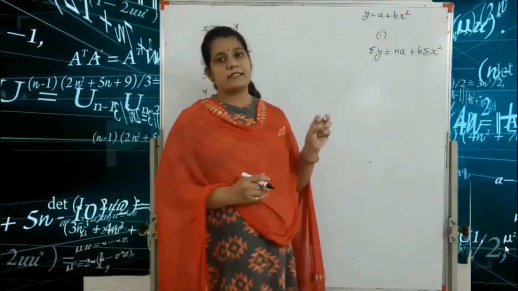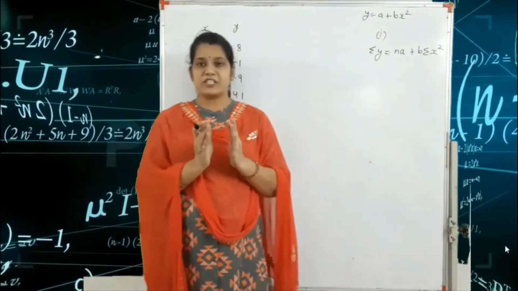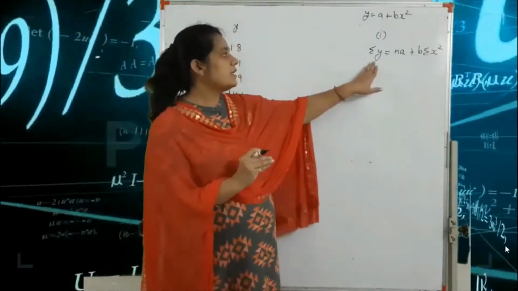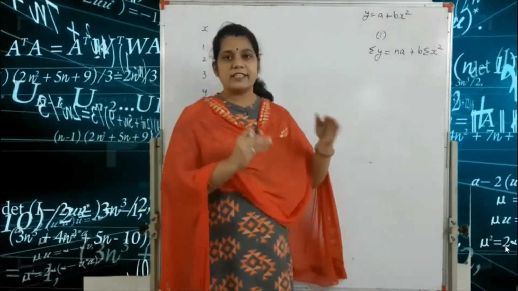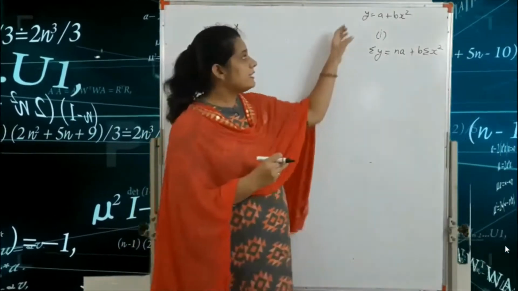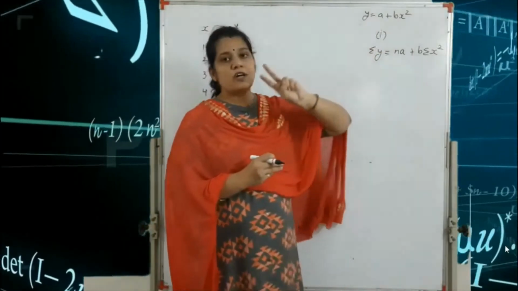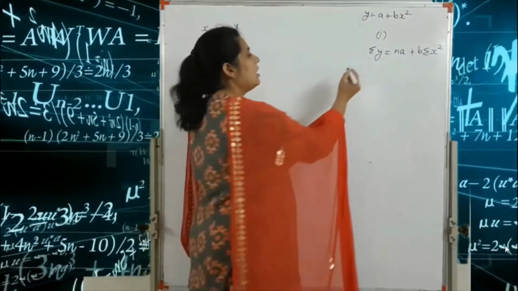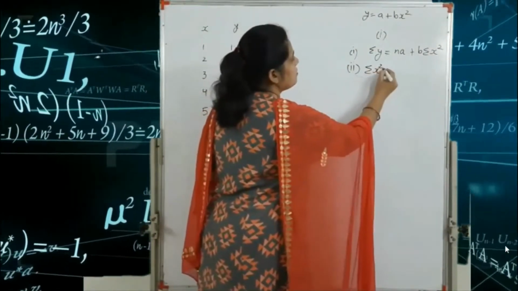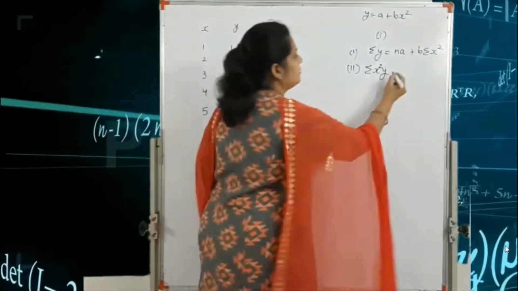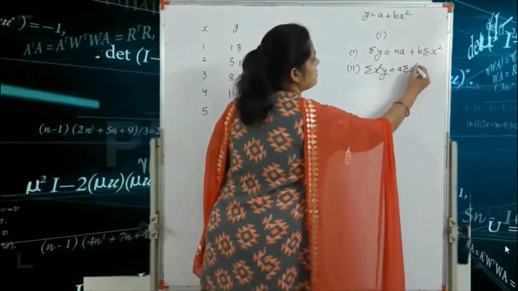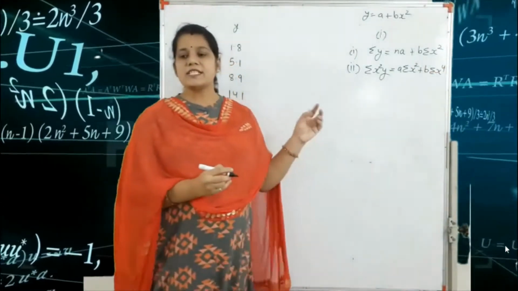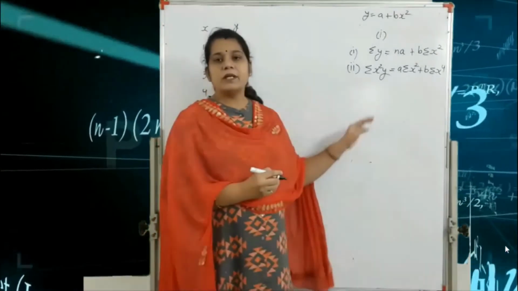Summation y we have already, so we write the second normal equation: summation x square y is equal to a summation x square plus b summation x raised to the power 4. So these are our two normal equations.